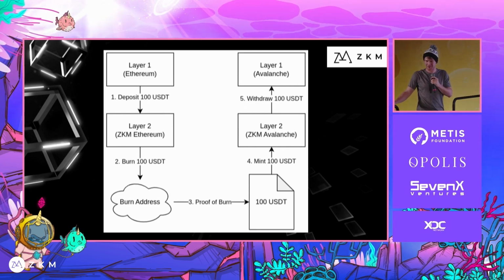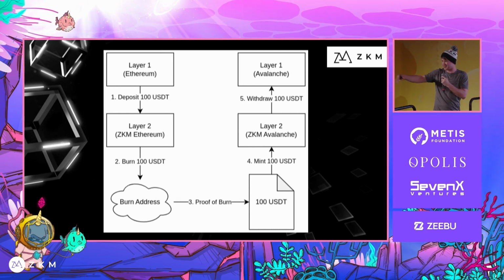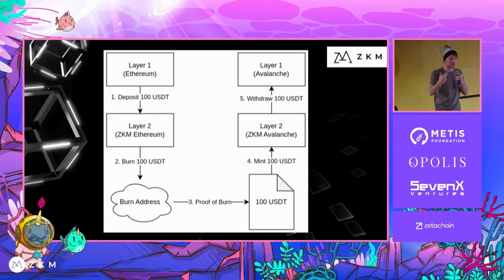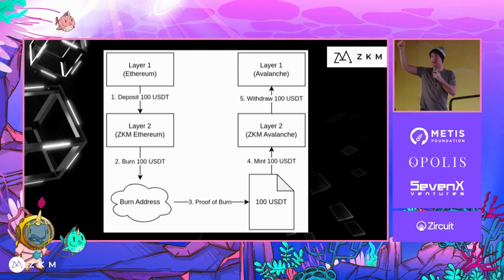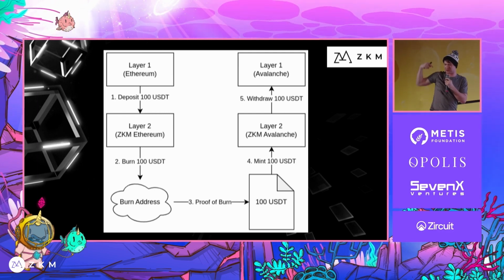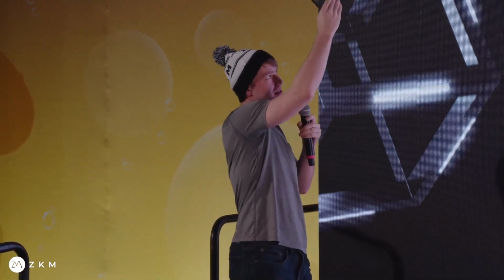That's what we're doing with L1 to L2 bridging and L2 to L1: we're posting a proof saying that this did in fact happen, and we're trusting that the sequencer would eventually post that proof to L1 so I can withdraw from the network. So again, we're still depending on layer 1 security and layer 1 finality to achieve the bridging, essentially.